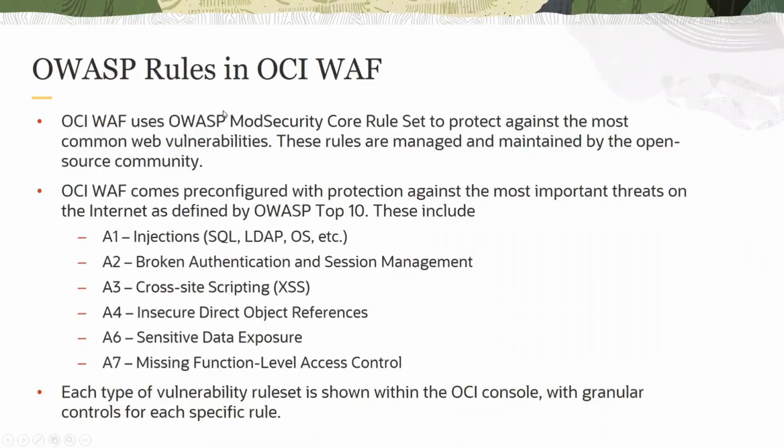The OCI Web Application Firewall utilizes the Open Web Application Security Project to keep the 250 predefined rules always updated with the latest protection against attacks that are available today.